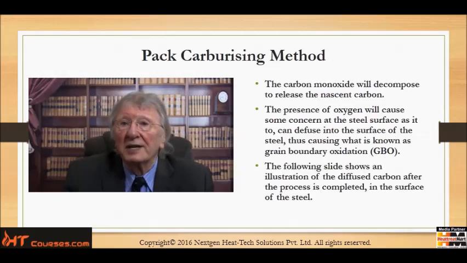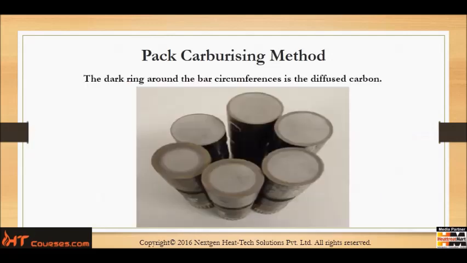The following slide shows an illustration of diffused carbon after the process is completed and at the surface of the steel. You can see on this illustration, on the bars that are displayed, a dark ring on the outside of the periphery of the bars. That is the carbon that has diffused into the surface of the steel.